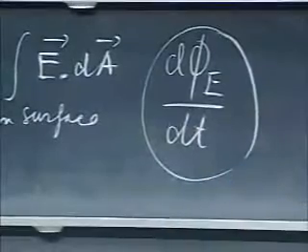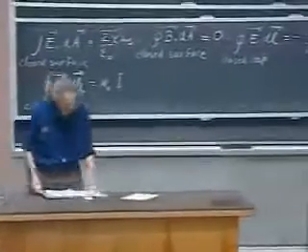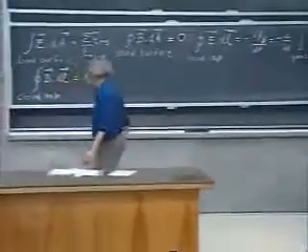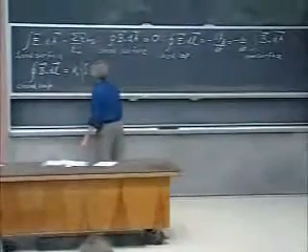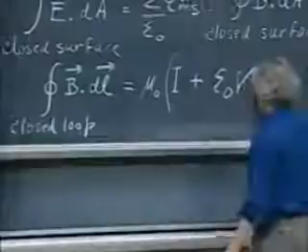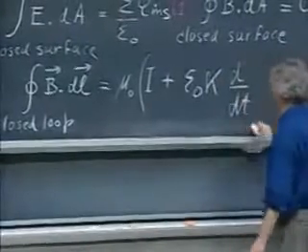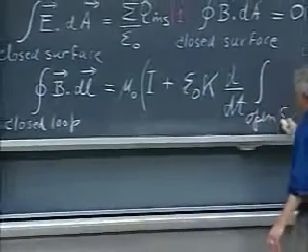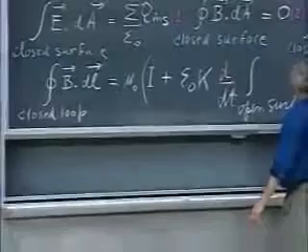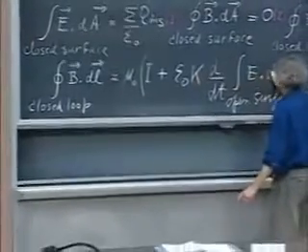And that's what I'm going to do now, walking over to Ampere's law. I'm going to amend it in a way that Maxwell suggested. He adds a term here, epsilon 0 kappa d/dt of the integral over an open surface attached to that closed loop of E dot dA.